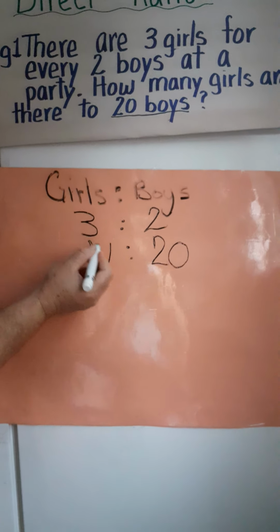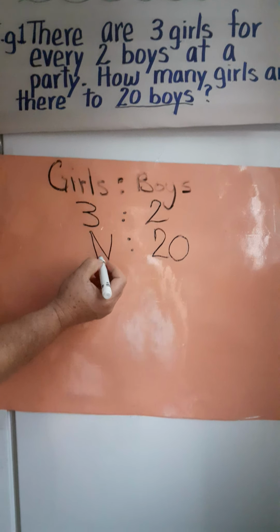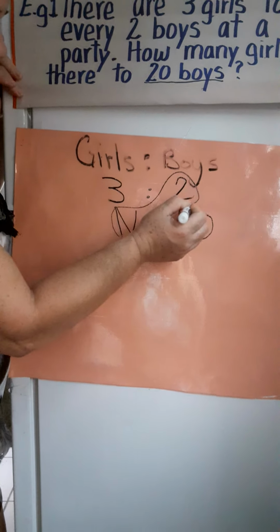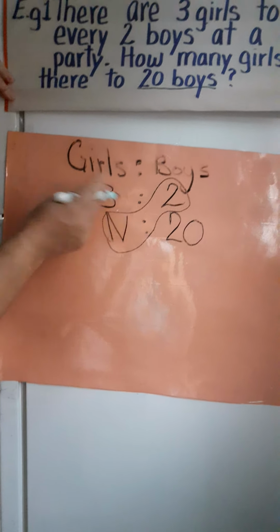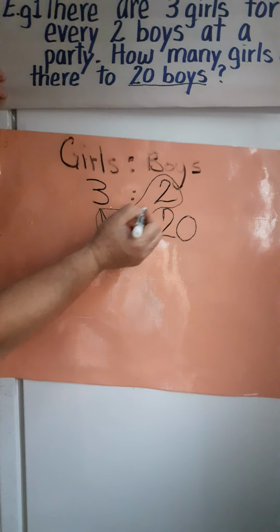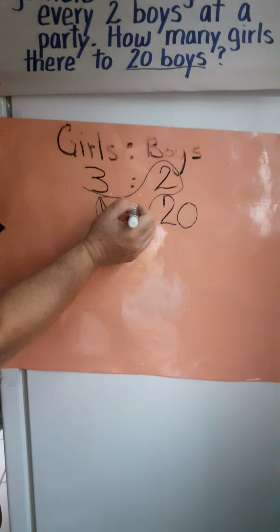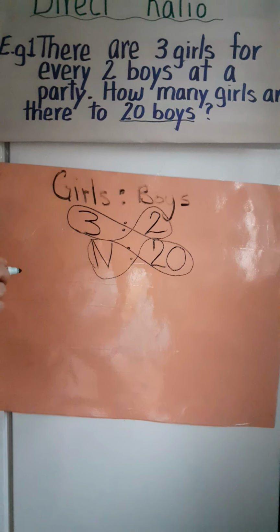Okay? Now we cross multiply. You can use the butterfly wings. Okay? You can use the cross multiply, or you can just draw a line like that. Okay? I'm going to still use this to show the cross multiply. Cross multiply.